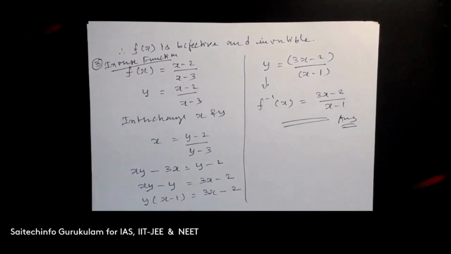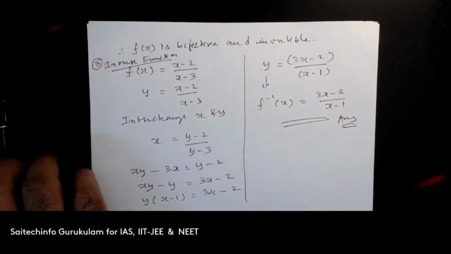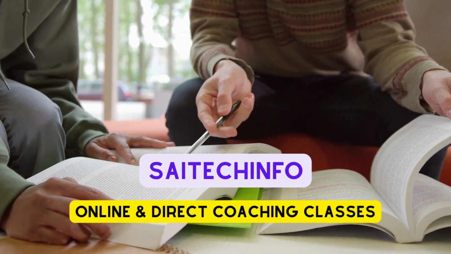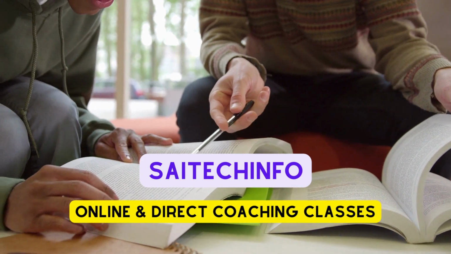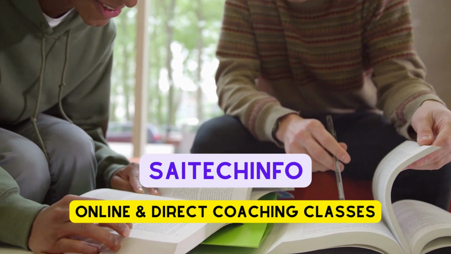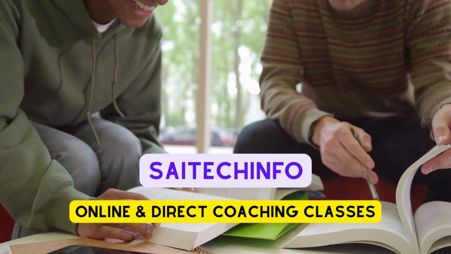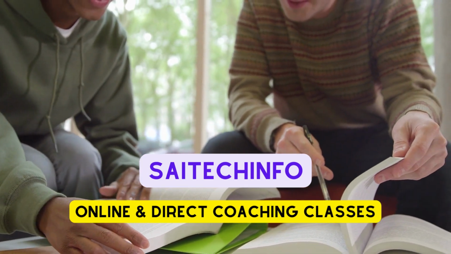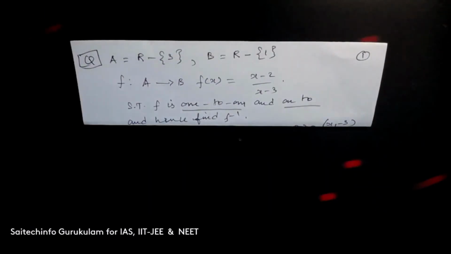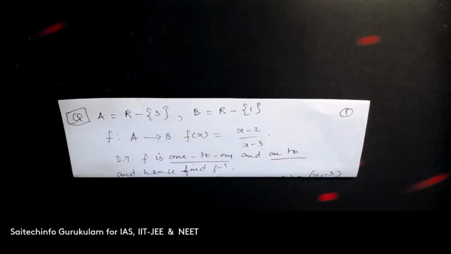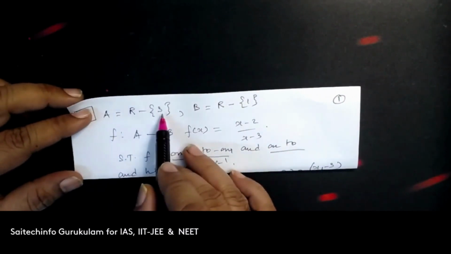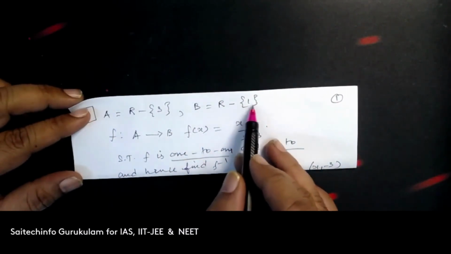So what are the key stages here? Let me explain one by one. Given question, A is equal to the set of real numbers excluding 3, B is equal to the set of real numbers excluding 1.